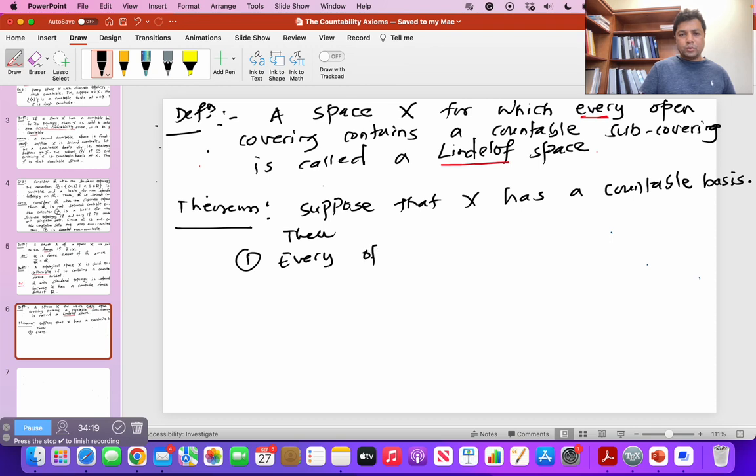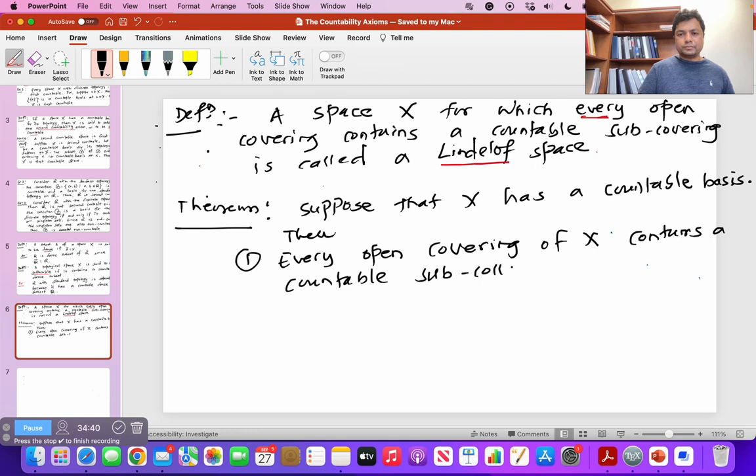Every open covering of X contains a countable sub-collection covering X. This is basically the condition for the Lindelöf space.